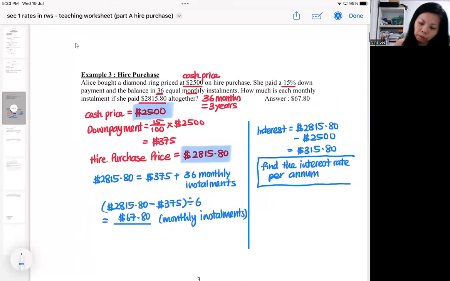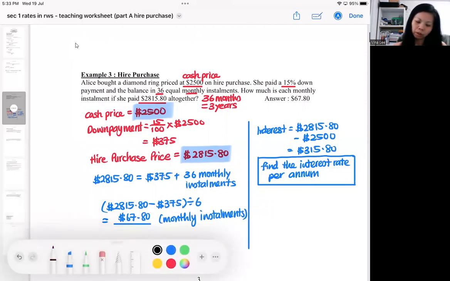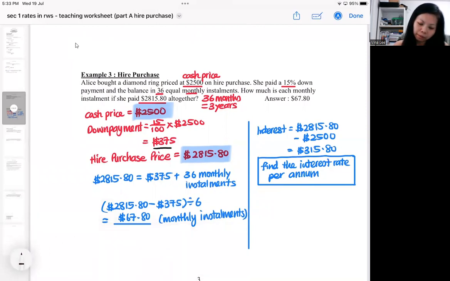If the question does extend to that, I will need to find the loan. So how much is the loan? From the cash price, he paid out this amount. So the loan, which is P, will be the cash price minus 375, and you will get a loan which is 2125.